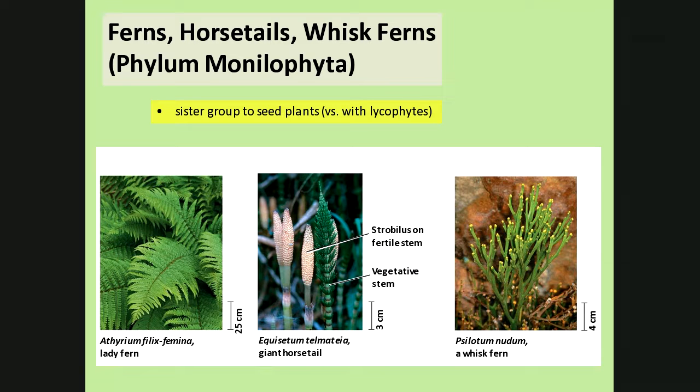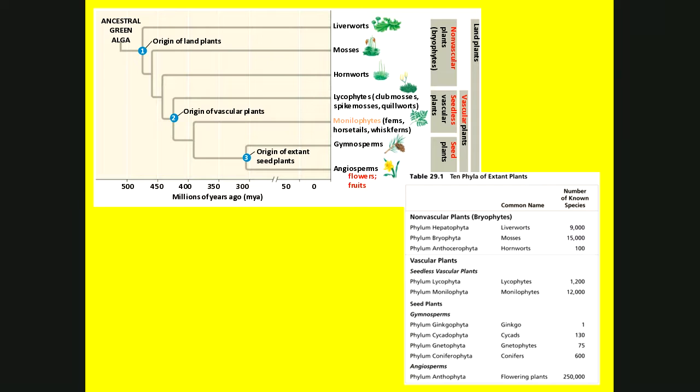All right, the phylum Monilophyta. Interesting stuff about this group. Even though the monilophytes are seedless vascular plants, they're actually more closely related to seed plants. Take a look right down here.